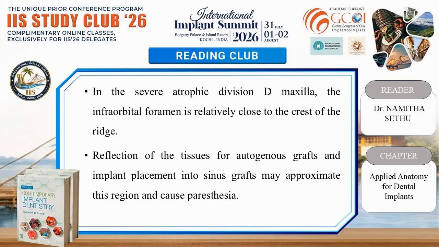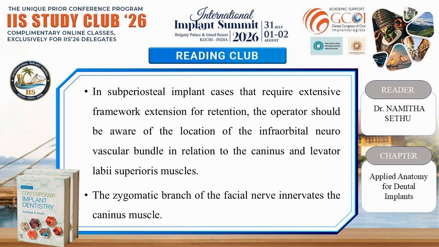The reflection of the tissues for autogenous grafts and implant placement into the sinus grafts may approximate this region and cause paresthesia. In subperiosteal implant cases that require extensive framework extension for retention, the operator should be aware of the location of the infraorbital neurovascular bundle in relation to the caninus and levator labii superioris muscles. The zygomatic branch of the facial nerve innervates the caninus muscle.